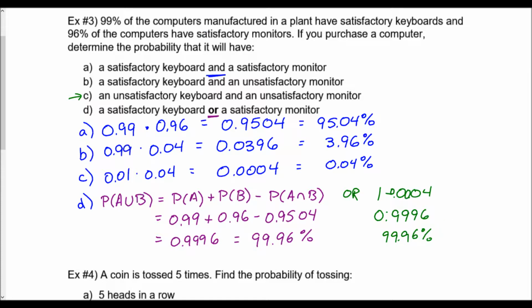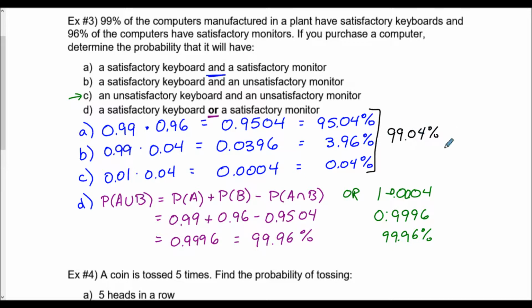Now, just as a fun bit of information, those three things: a satisfactory keyboard and satisfactory monitor, a satisfactory keyboard and unsatisfactory monitor, and an unsatisfactory keyboard and unsatisfactory monitor. Well, you add up all these percents, you only get 99.04%, because it's not including the fact that we could have an unsatisfactory keyboard but a good enough monitor.